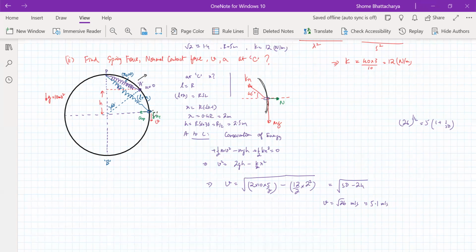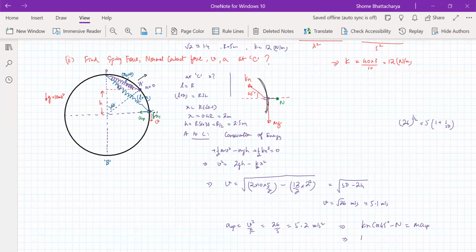So now I know that centripetal acceleration, v square by r, would be 26 by 5, or 5.2 meters per second square. Okay. So from that, coming to the free body diagram, kx cos 45 minus N, according to my direction, is equal to mass into centripetal acceleration.